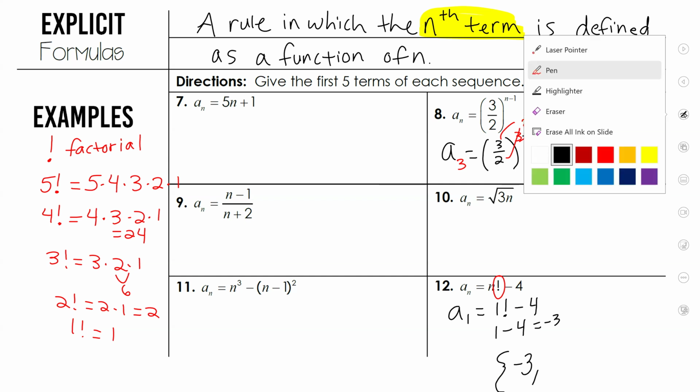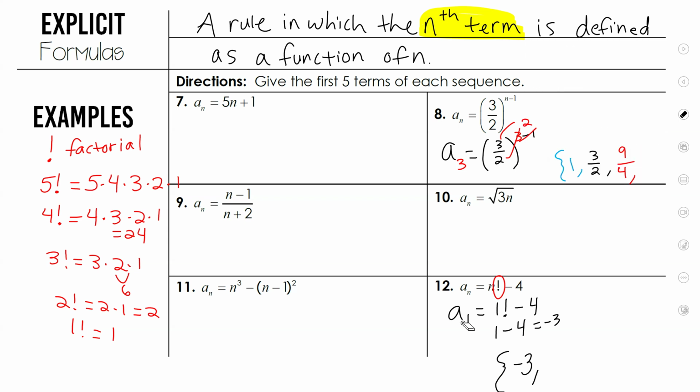Next, you're going to plug in a 2. So you're going to plug in 2's here, and let's see what we're going to get. 2 factorial is just 2, and 2 minus 4 is negative 2. So I know the next number is negative 2. Let's try the third one.